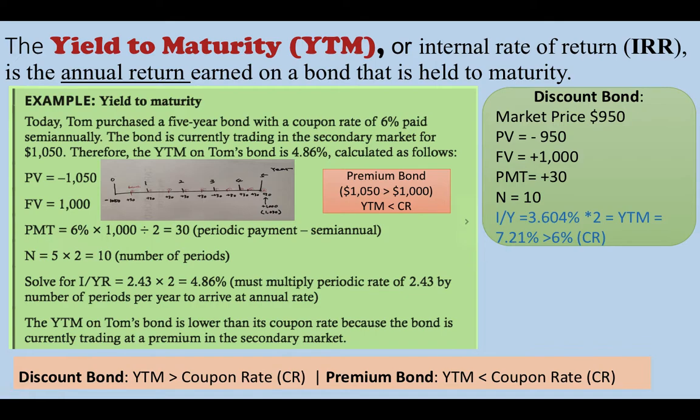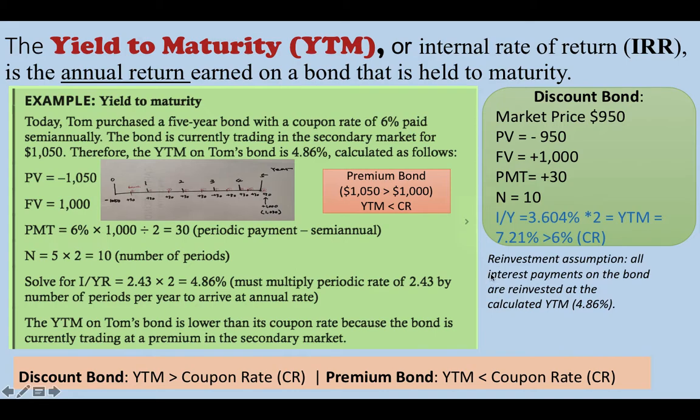Okay, so this is the yield to maturity. When you have this yield, you have an assumption in it, the reinvestment assumption. All the interest payments on the bond are reinvested at the calculated yield to maturity. So basically, every 6 months I get a $30 coupon.